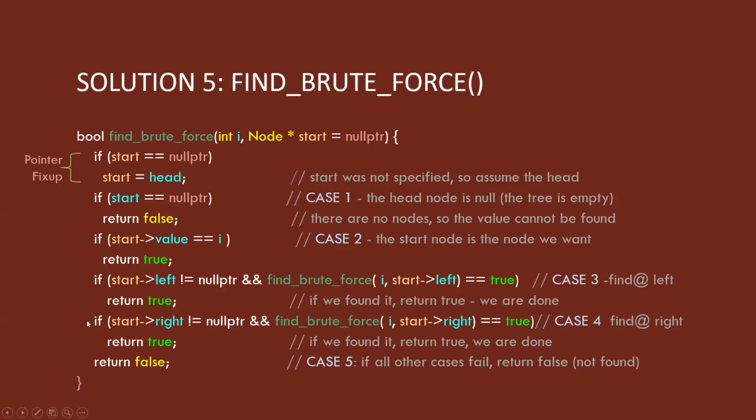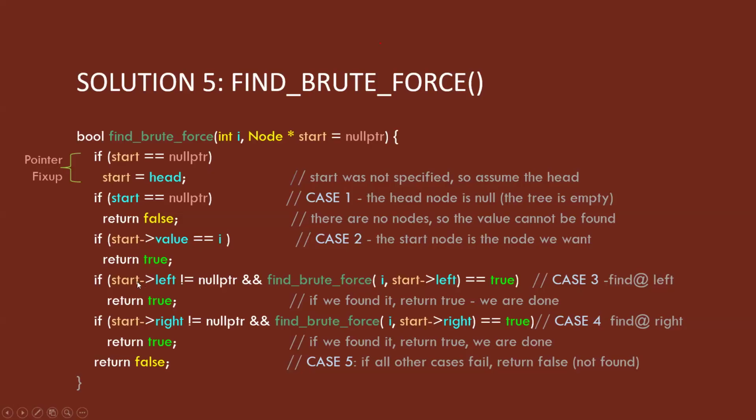And here comes the tricky part. If the left side is not equal to null, and what we got back from searching the left side equals true, then we can return true. This is the part where I usually lose people. We do not want to return true unless we actually found that this was a true search down that left branch.